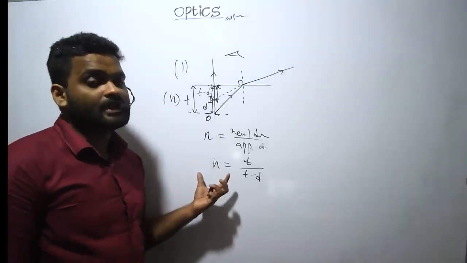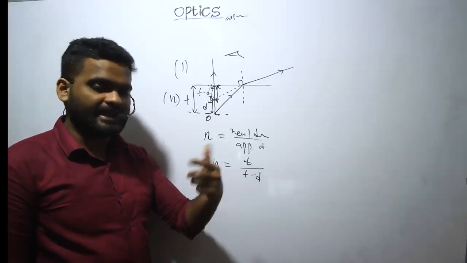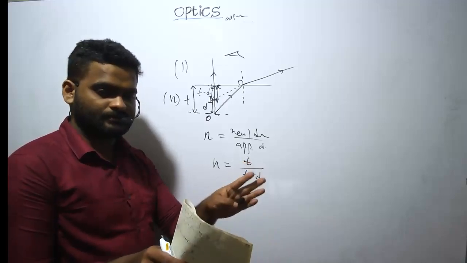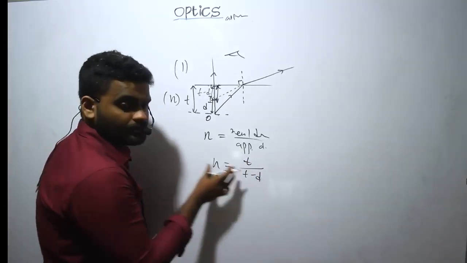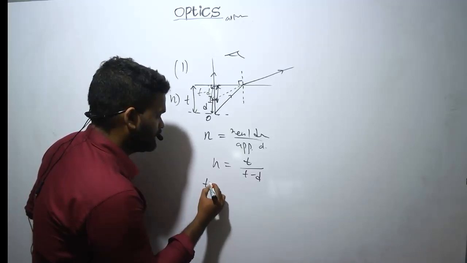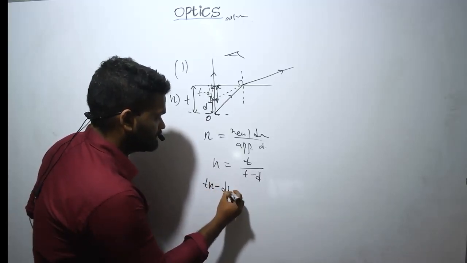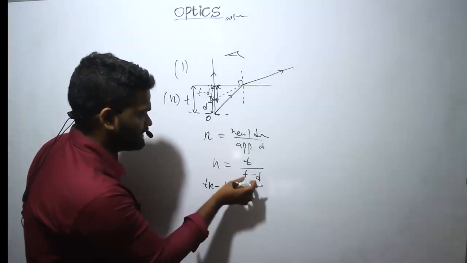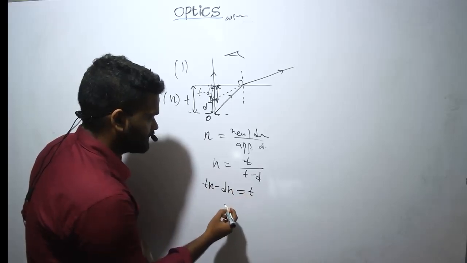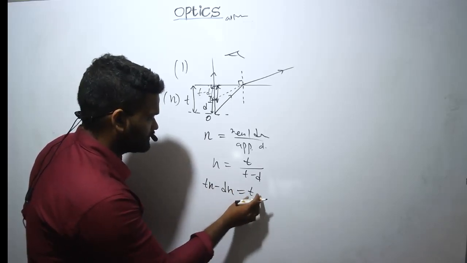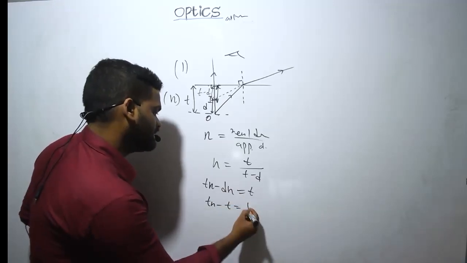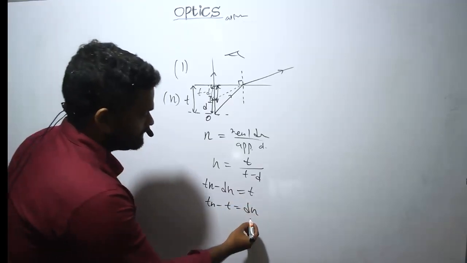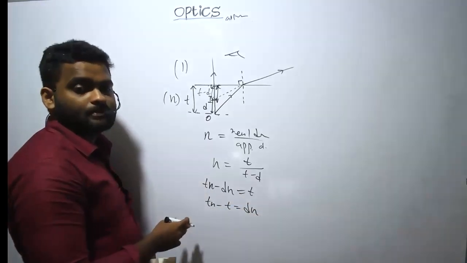Here as well n is defined similarly, because it is the same theory, but for the same thing we have different forms. Let's cross multiply. Tn minus dn equals T. Get this T to here, put dn to there. Then divide the whole thing by n.